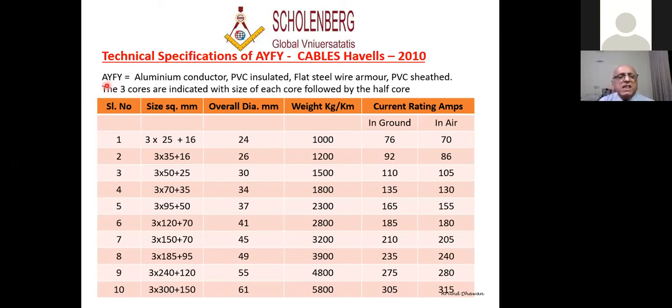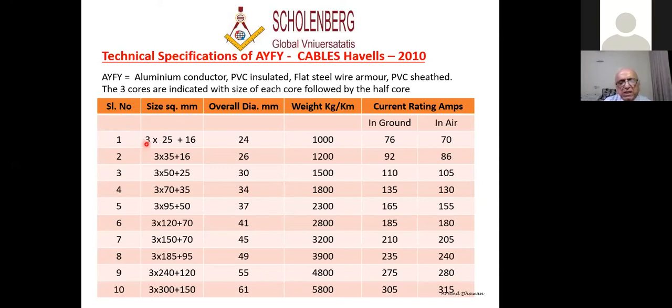In this case, I've written AYFY: aluminum conductor, PVC insulated, flat steel wire armor, PVC sheathed. It can be XLPE. XLPE means cross-linked polyethylene, a type of insulation. So that is the name of the insulation on the cable.